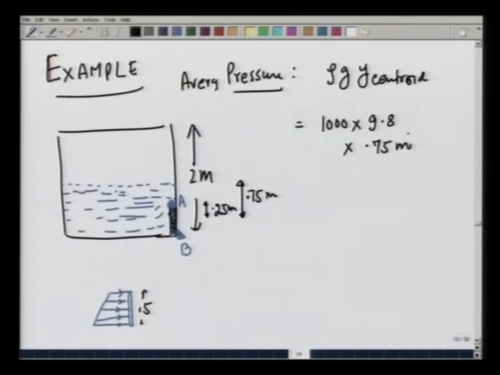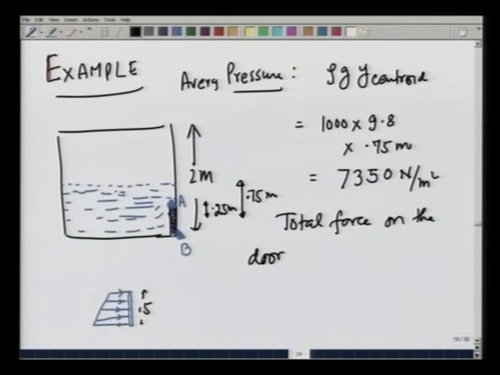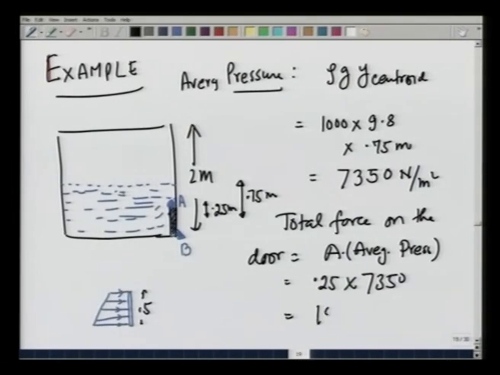That is the average pressure, which is going to be 7350 newtons per meter square, and therefore, the total force on the door is going to be area times average pressure, which is going to be 0.25 times 7350, which is going to be equal to 1837.5 newtons.